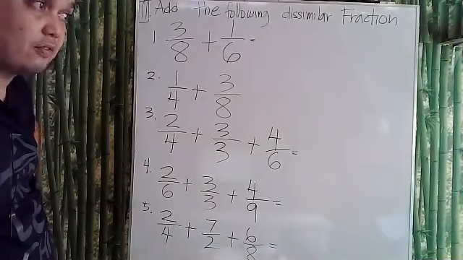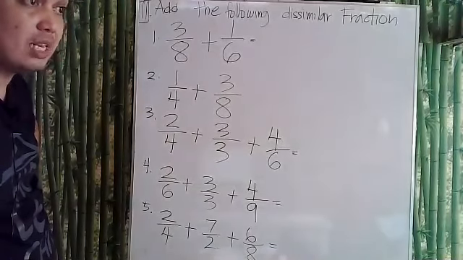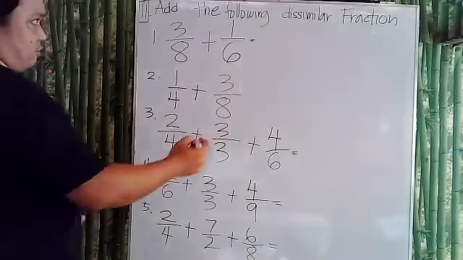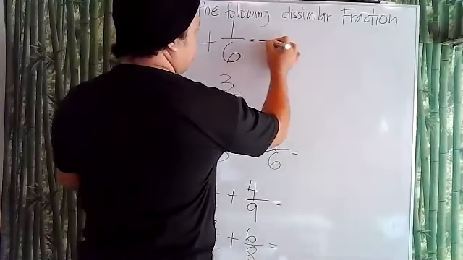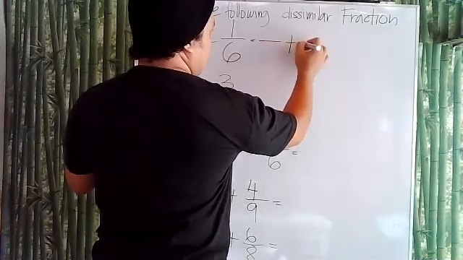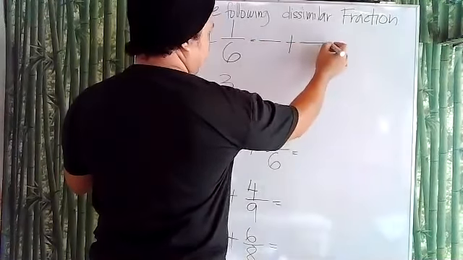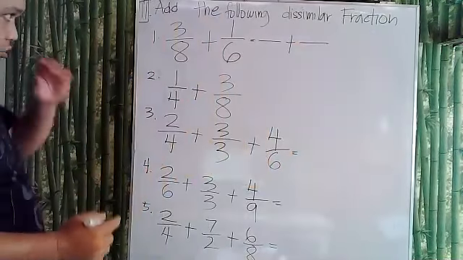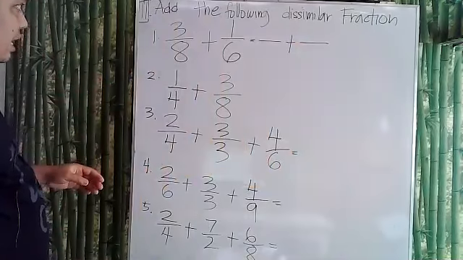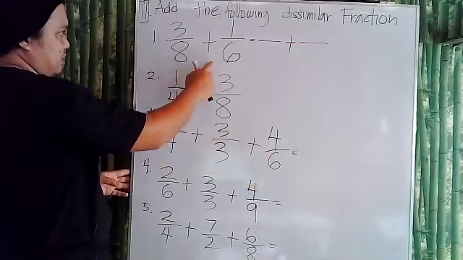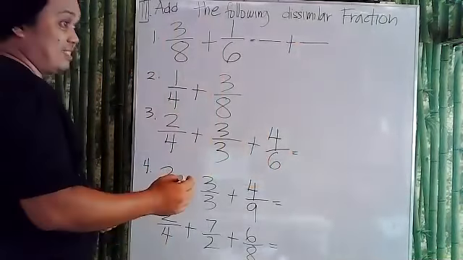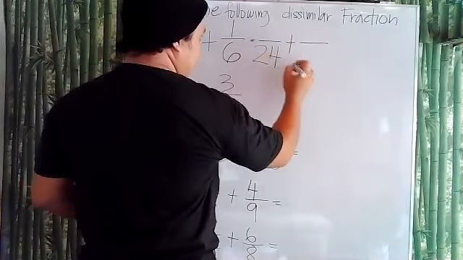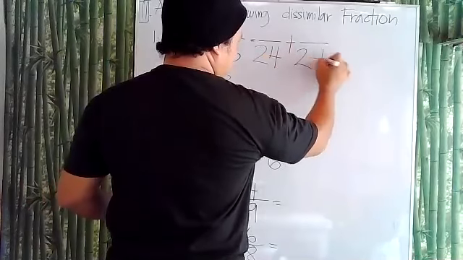We must look first for a common denominator so that we can add them. Now, we have to find a number that we can divide both their denominators from. To find the LCD of 8 and 6, that is 24. The least number that we can find is 24.